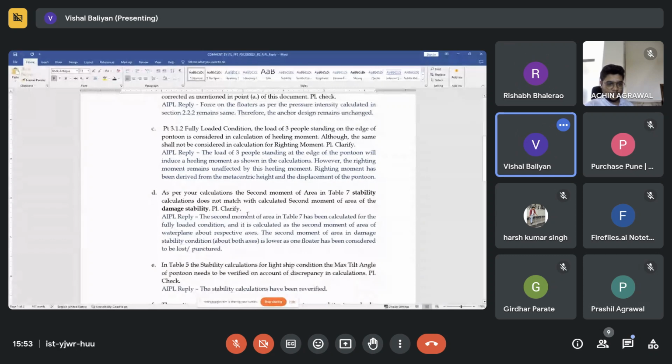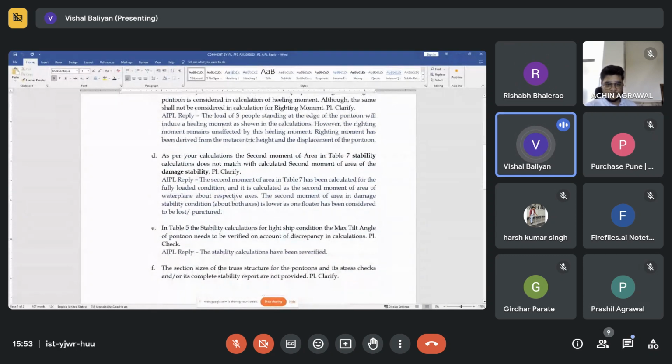Yes. So the next point is this: as per your calculation, the second moment of area in Table 7, that is for fully loaded condition, does not match with the calculated second moment of area for damage stability.